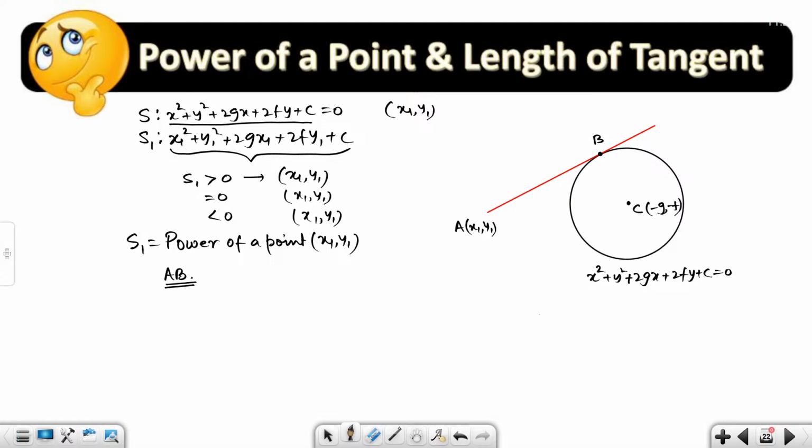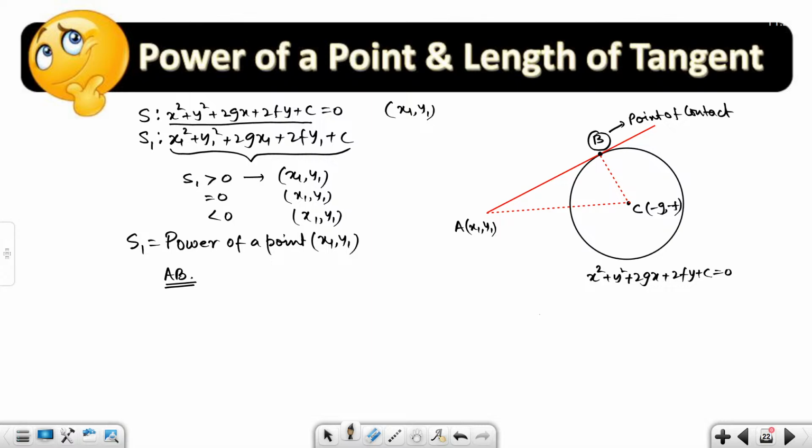Now, what I'm doing is simply joining the point A with C and B with C. The moment I join this, you all know that when I join the point of contact with the center, B is the point of contact.